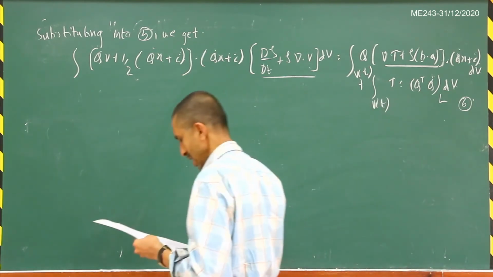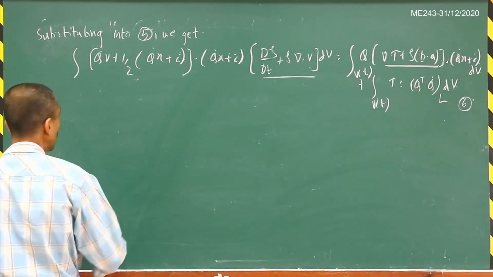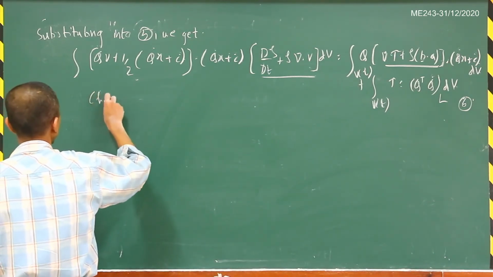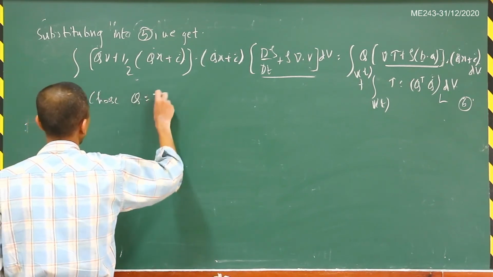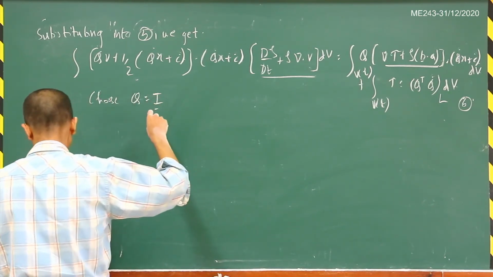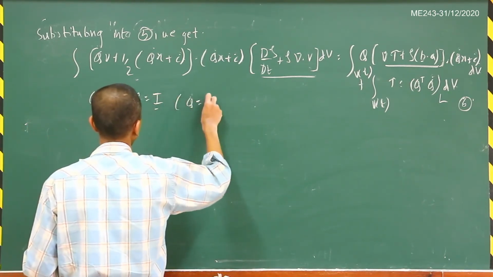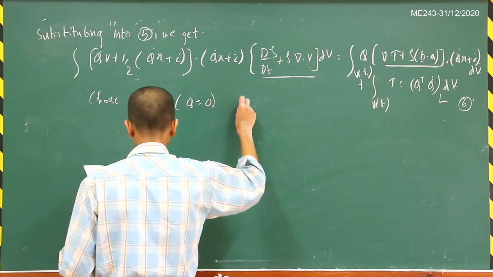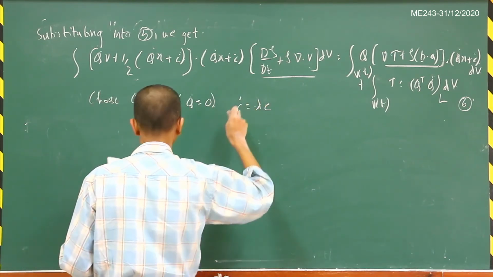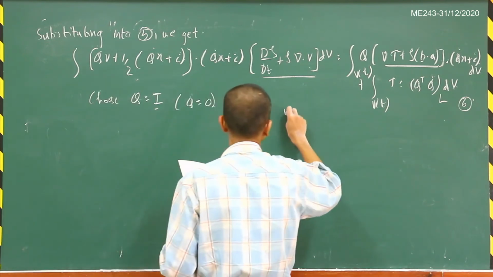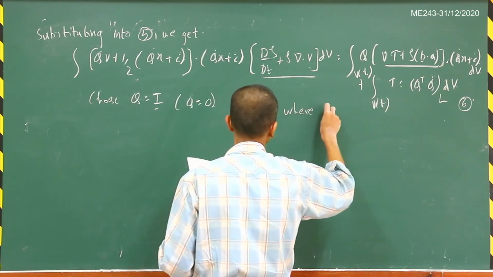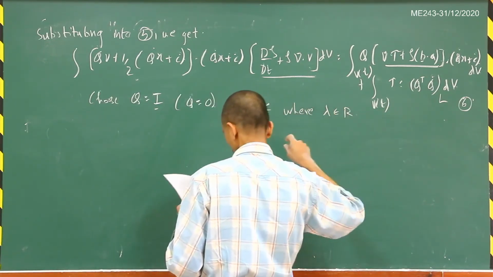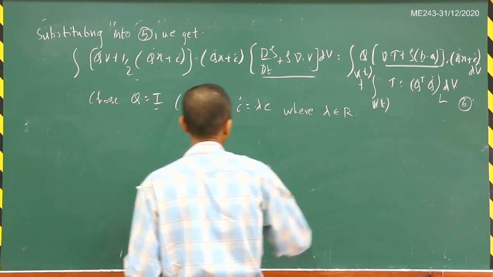Choose Q to be identity and Q dot equal to 0, and C dot equal to lambda times E, where lambda belongs to R and E is a unit vector.